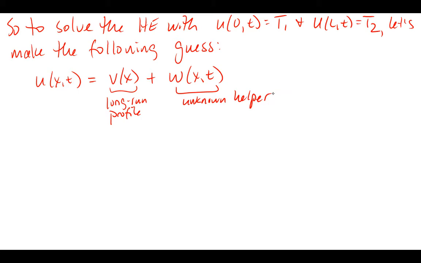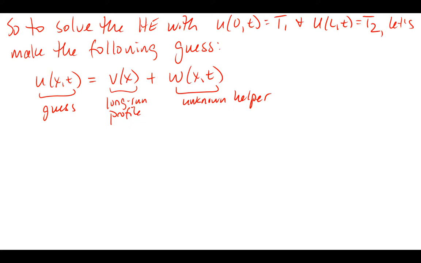We always like our little helper guys. So our guess for the solution of this modified heat equation with the uneven temperatures on the ends is the sum of the limit, the long run profile, which we already know, plus an unknown helper.